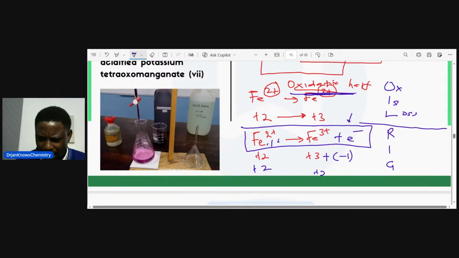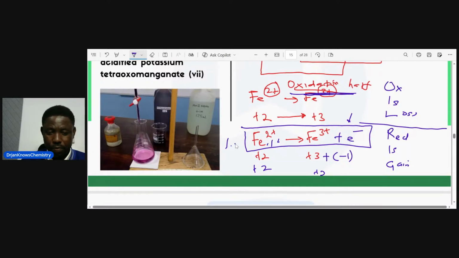That is OIL. So of course, what do you think reduction will be? You can guess. If oxidation is loss, that means reduction is gain of electrons. So let's now see where the electron will be in the reduction part. Remember, I circled this. That is our equation 1.